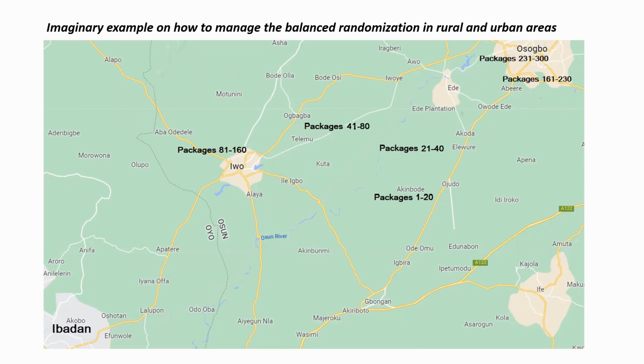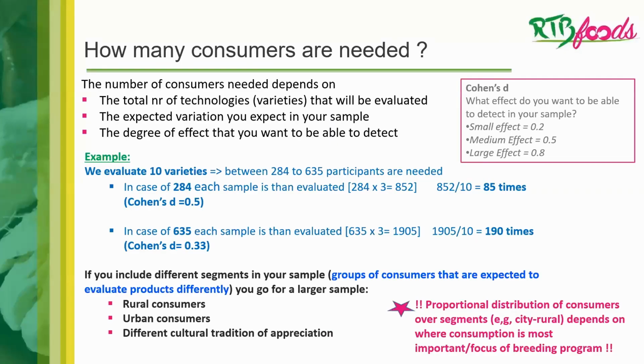So how many consumers are needed? We had several debates on the internet and several calls. As I've been highlighting, the number of consumers needed depends on the total number of technologies that will be evaluated, the variation you expect in your sample, and the degree of effect that you want to be able to detect. For example, if I have 10 varieties, I will need between 284 and 635 participants.